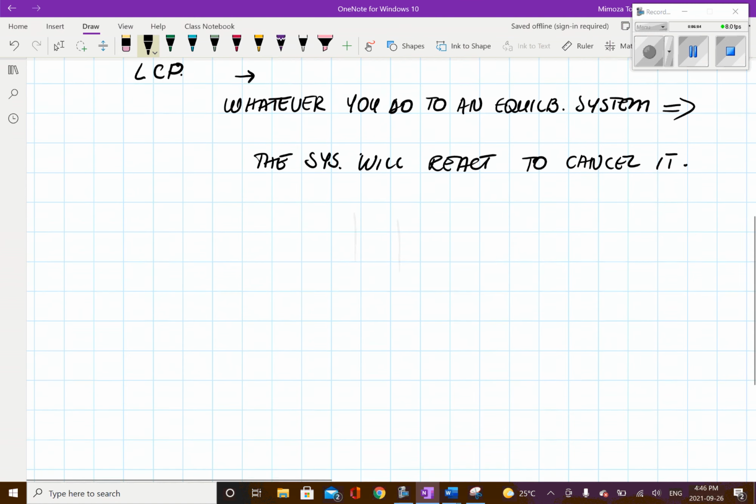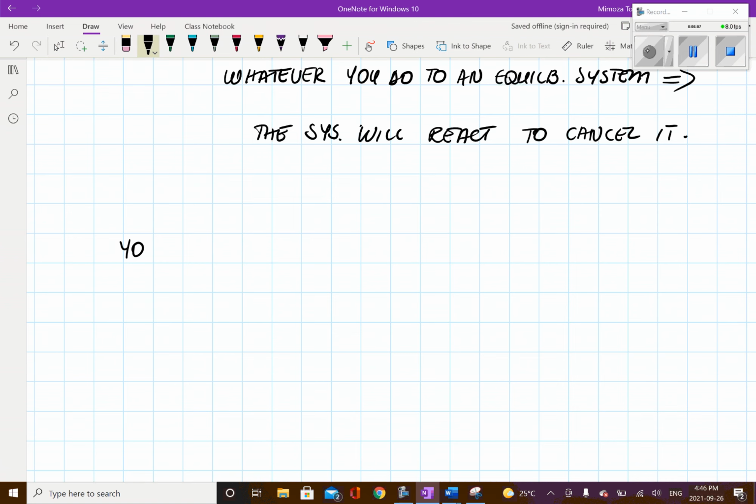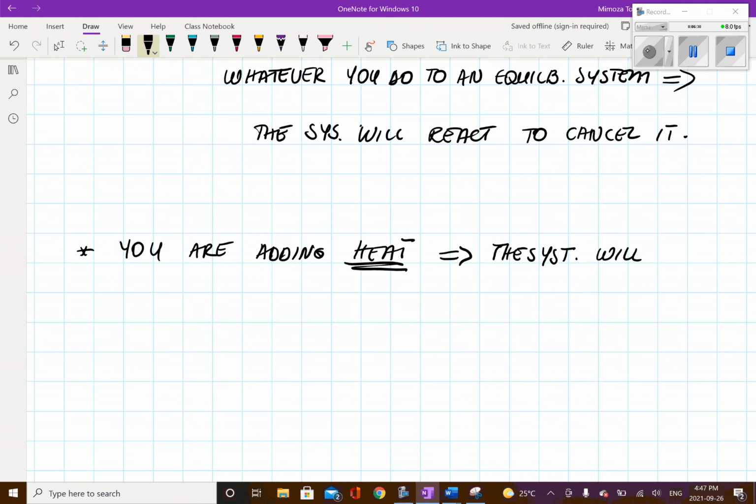So let's say that you are adding heat, increasing the temperature. Then the system will react in a way to use that heat.